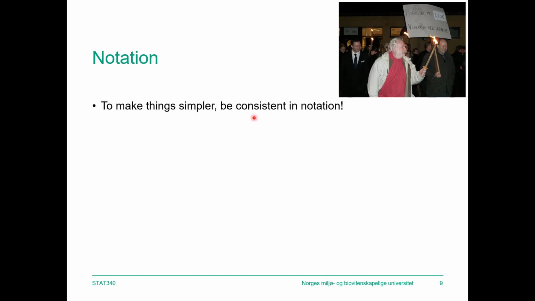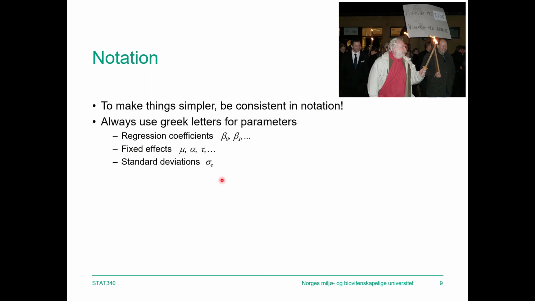To make things simpler, be consistent in notation. Because everything is so much simpler if you don't have to worry about this as well. And I try to stick to this rule consistently. And if you happen to find some in my lecture notes or whatever where I don't, please tell me, because I would really like to stick to this rule.